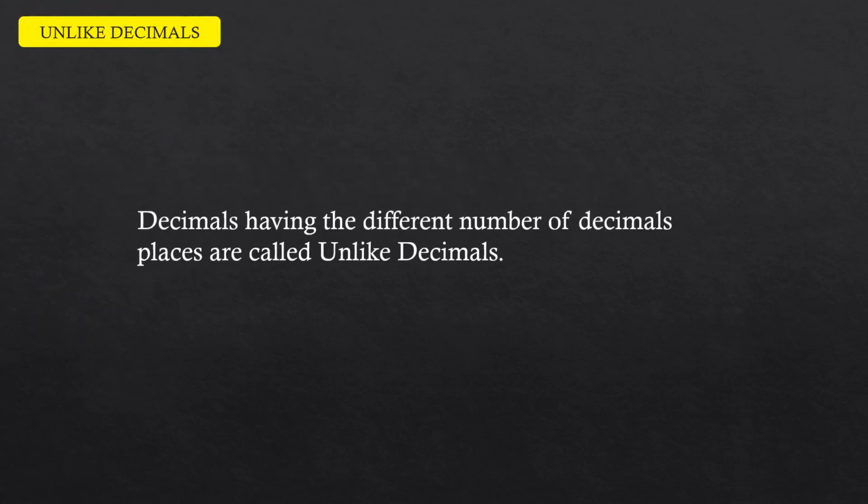Unlike decimals are just the opposite of like decimals. Decimals having a different number of decimal places are called unlike decimals. The examples are 0.67, 13.246, 0.3 and 72.648. This means that decimals having a different number of decimal places after the point are called unlike decimals.